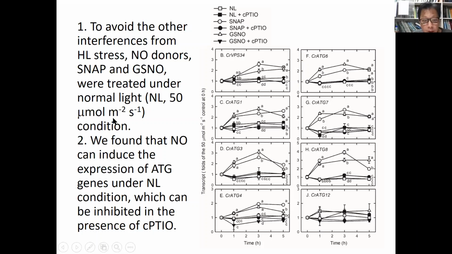And we find that the NO donor can induce the expression of ATG genes under the normal condition, and this induction can be inhibited by cPTIO. So under normal condition, only NO donor can induce the ATG gene expression, not high light.